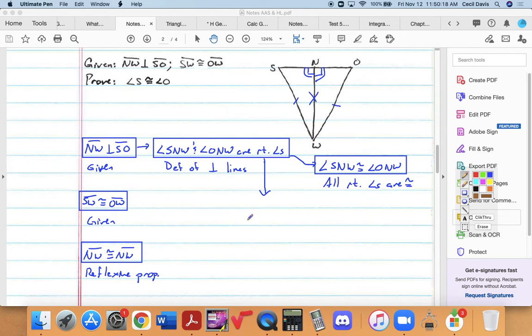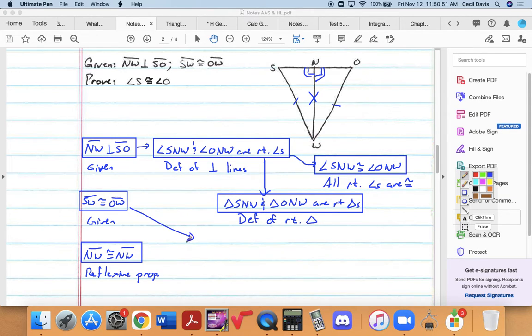So from this statement, I'm going to say triangle SNW and triangle ONW are right triangles. That's the definition of a right triangle. If a triangle has a right angle in it, it's a right triangle.